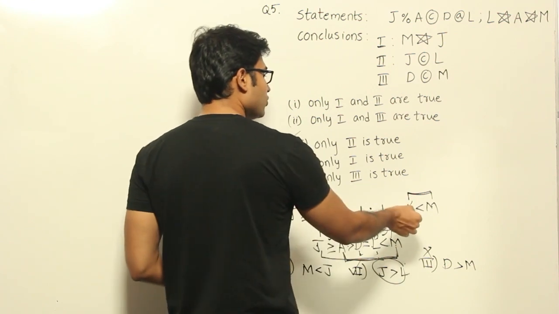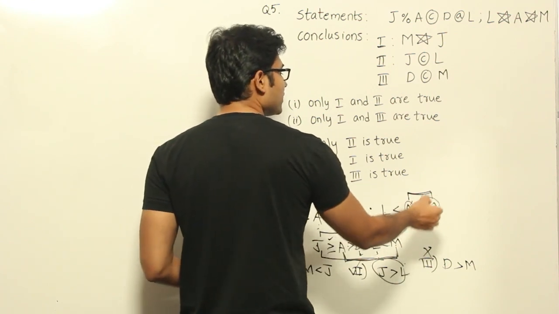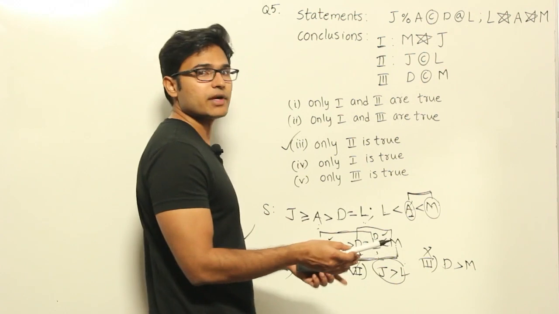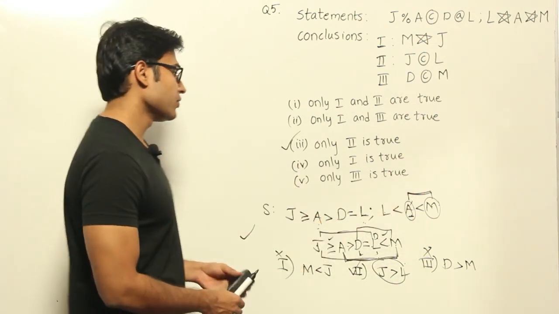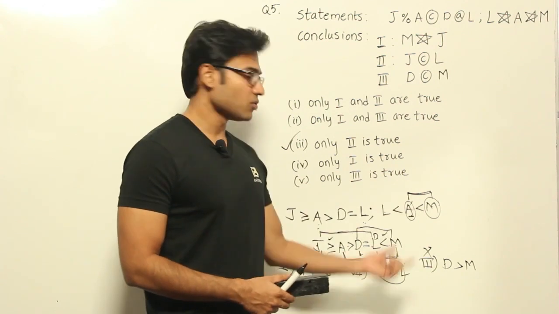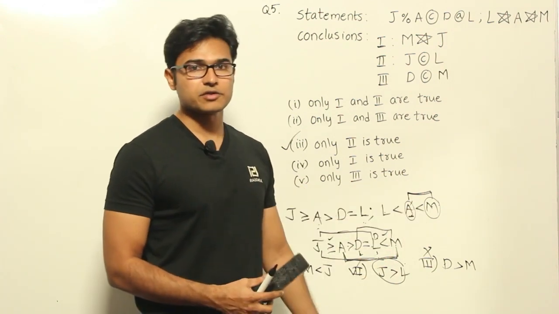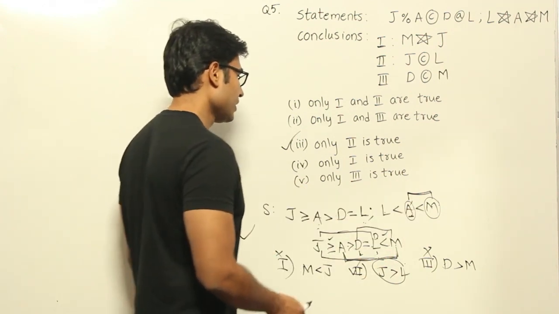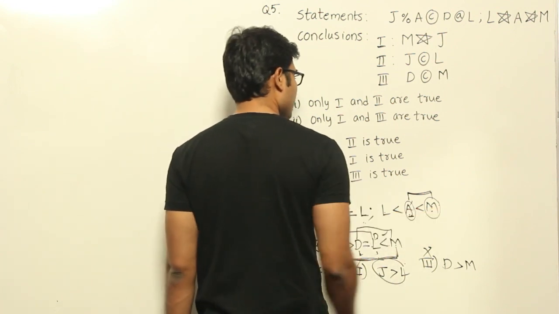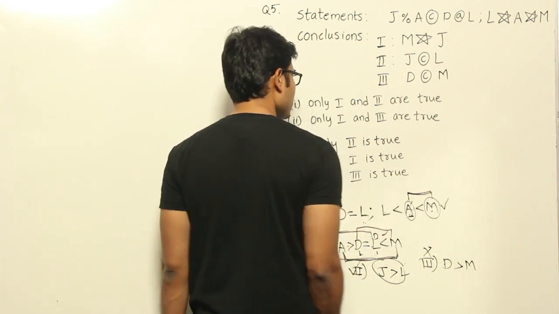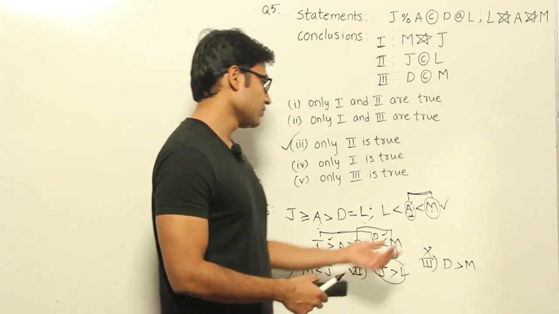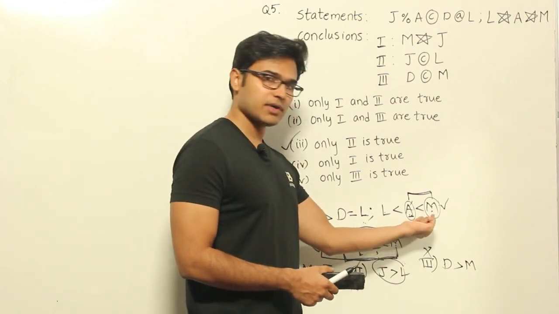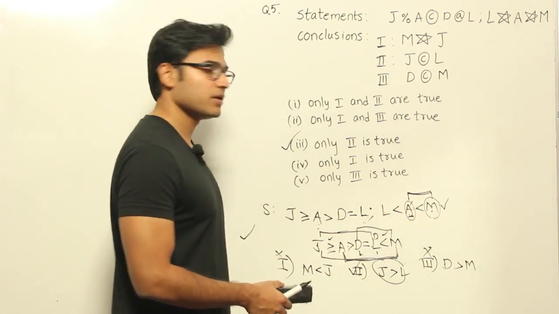Therefore, if two elements are not directly related in one statement, then only you try to combine them and draw the relationship. If they are already related in some statement, you don't try to combine them to derive the relationship. So here between A and M, they are related here, so from this statement only you should derive. Anyway, that is not asked in the question, but in case they ask you directly, if you can derive it from the given statement, do it. Otherwise you combine it. Got it?